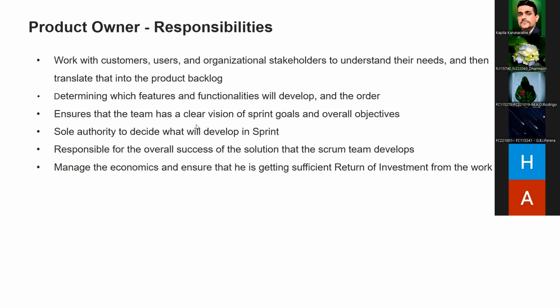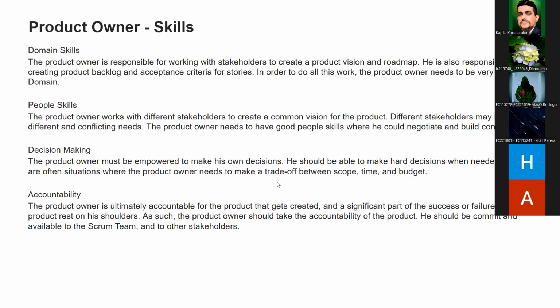He needs a clear vision of how each sprint will run, and he has the authority to decide about the sprints. He's the responsible person at the end, and he needs to manage ROI, cost, and effectiveness. He has that responsibility.